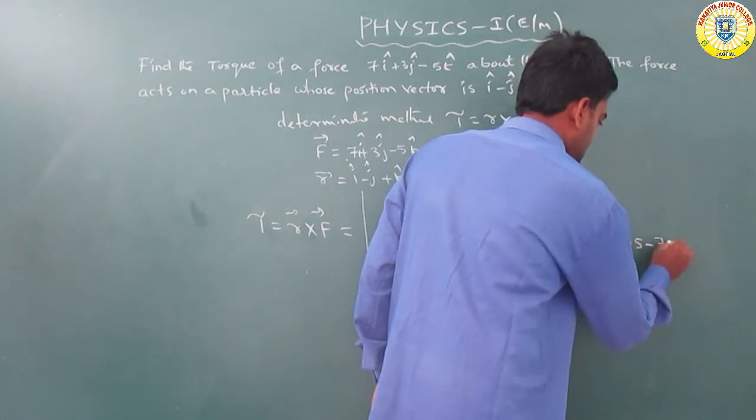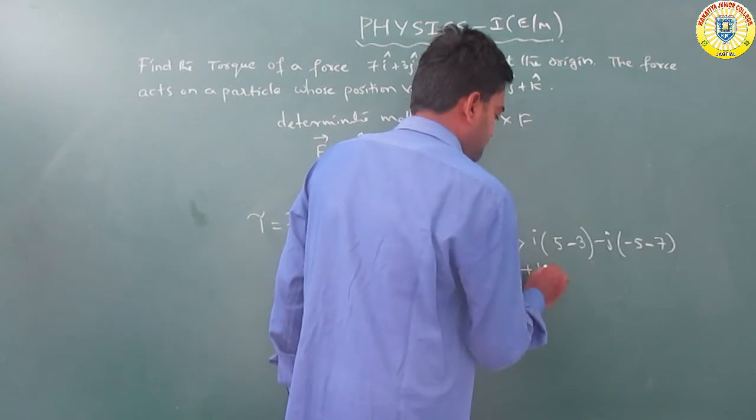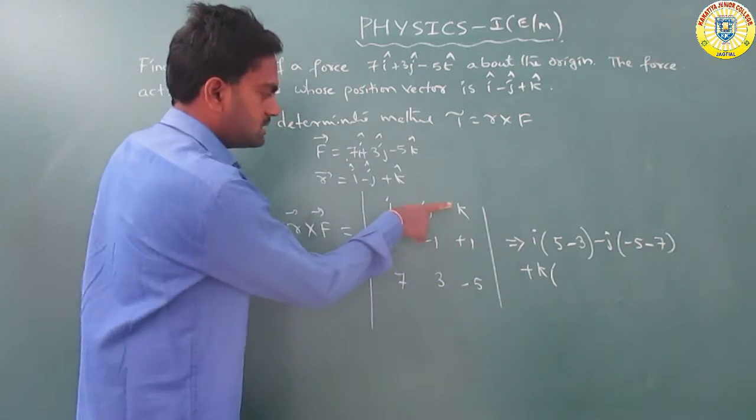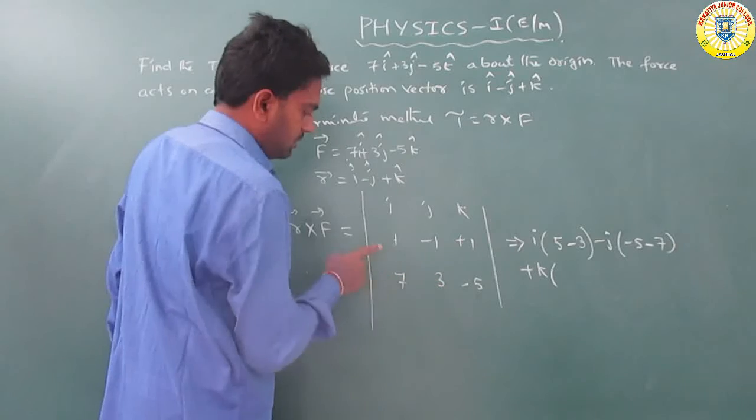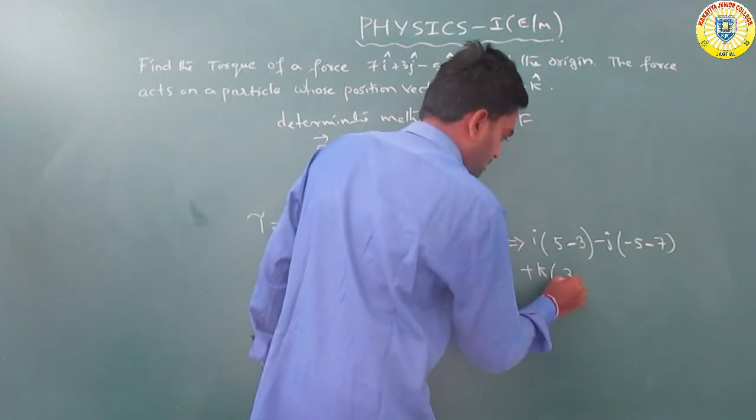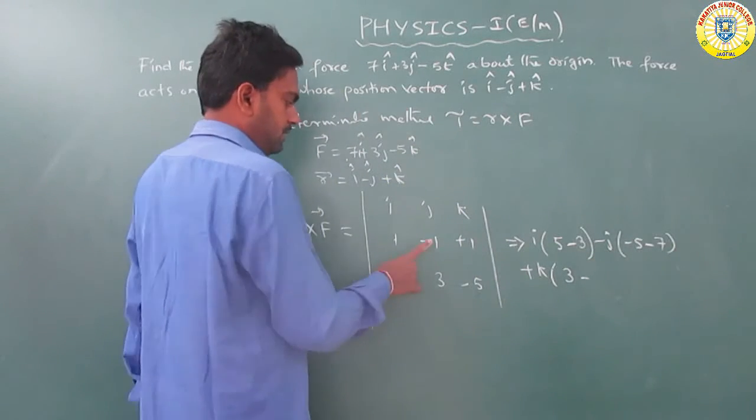For k, the remaining is 1 into 3 minus 7 into minus 1.